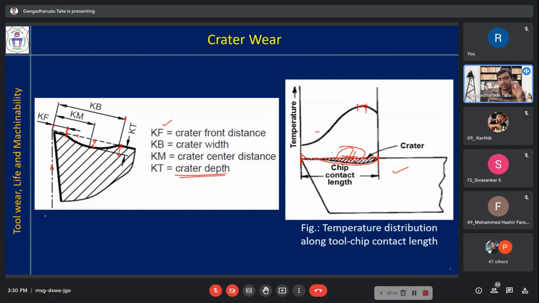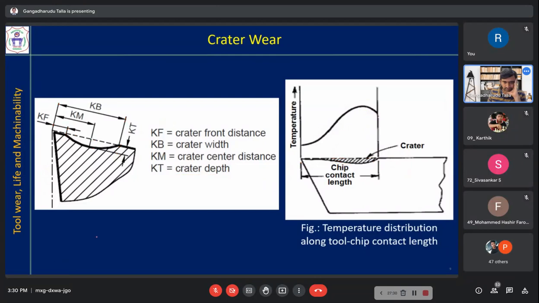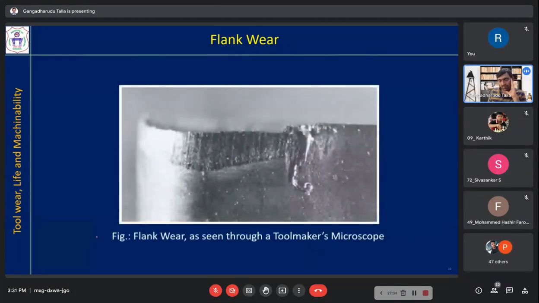So based on these parameters, you can define whether the tool has failed or not. We will see exactly when you will say the tool has failed, just after a few slides.